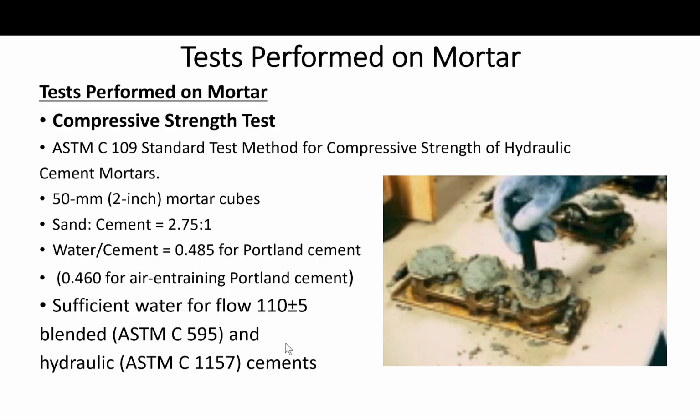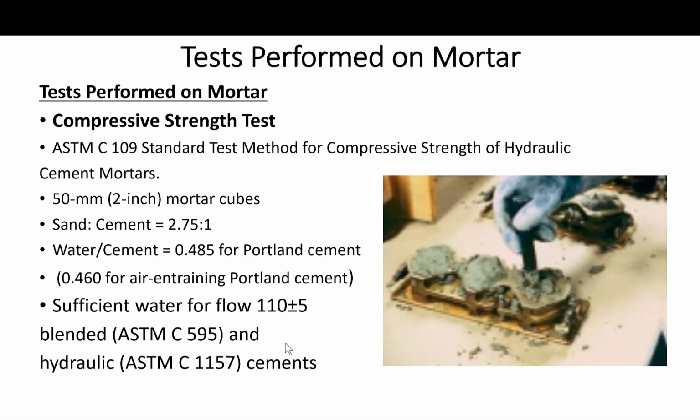Water-cement ratio is 0.485 for all Portland cements, and 0.460 for air-entrained Portland cement. However, some other specifications express the water requirements in terms of mortar flow, as in the case of blended and hydraulic cements. Remember.